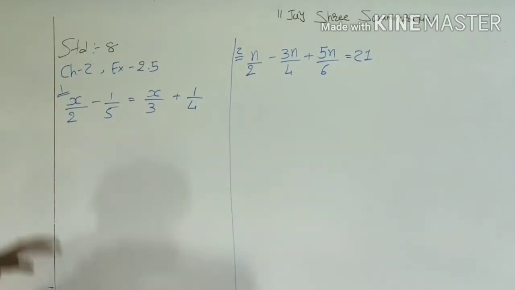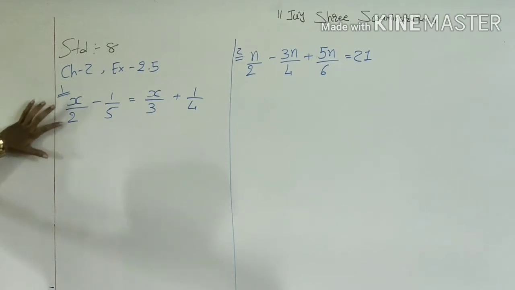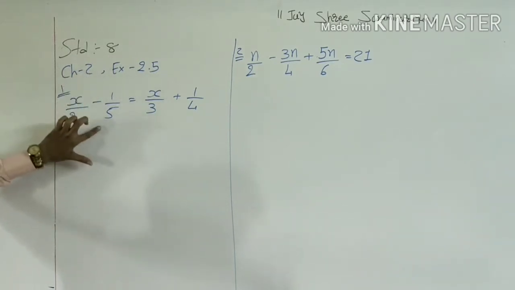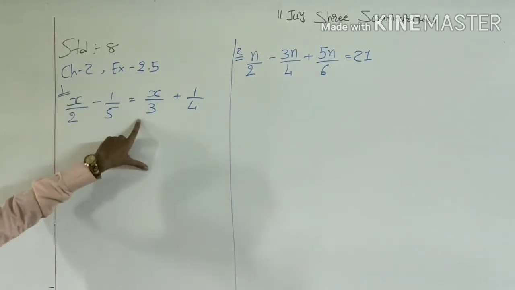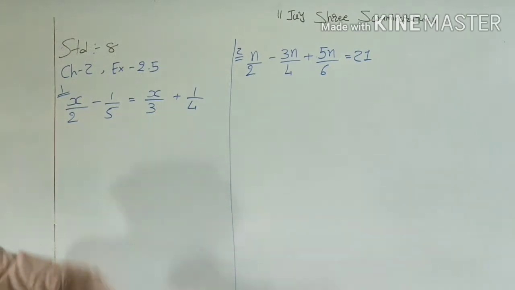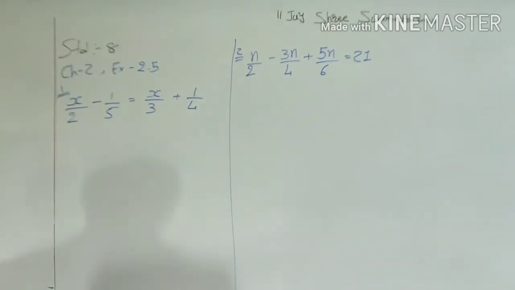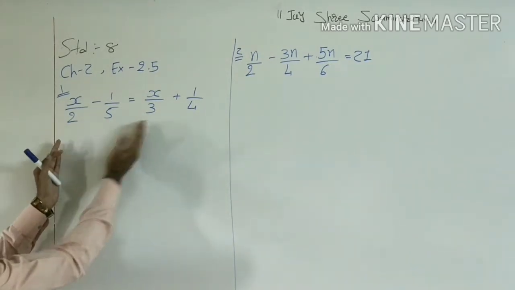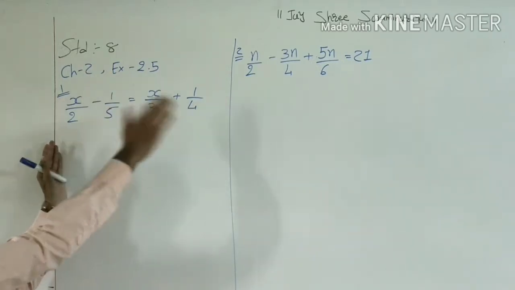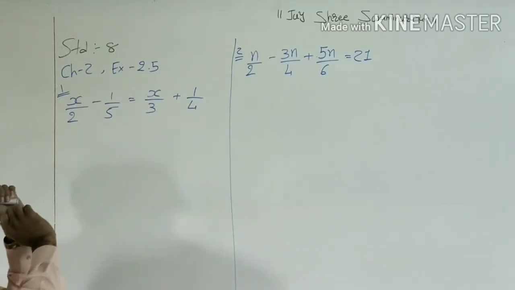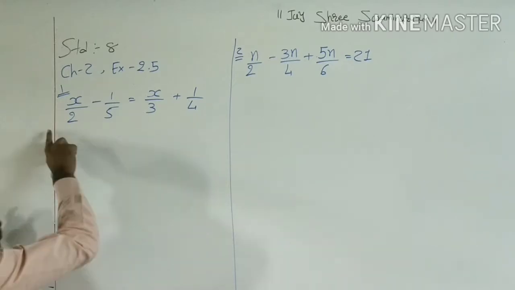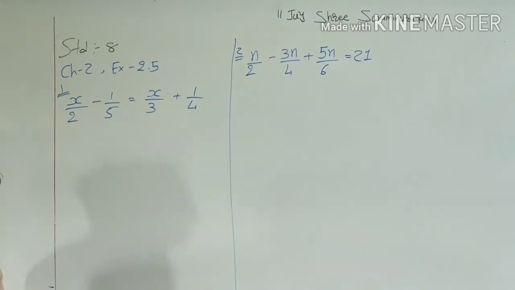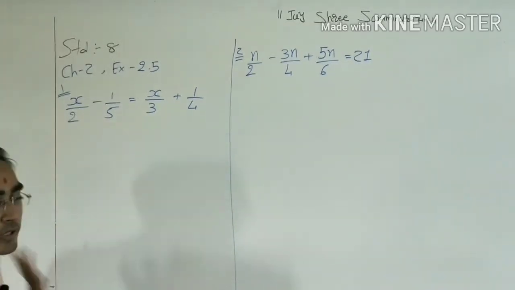Our first question is x by 2 minus 1 by 5 is equal to x by 3 plus 1 by 4. Here we have two ways. Either we can collect the terms which contain x on one side and the other terms on the opposite side, or directly we can take the LCM, because the denominators are different.